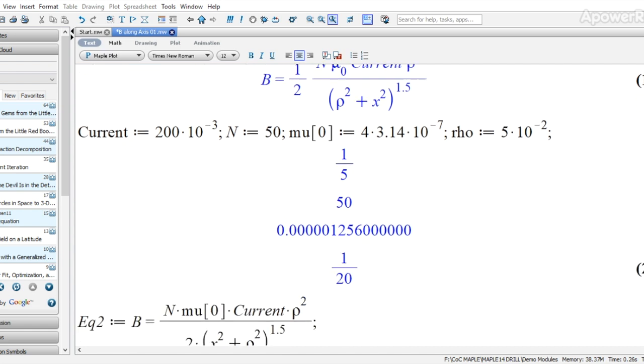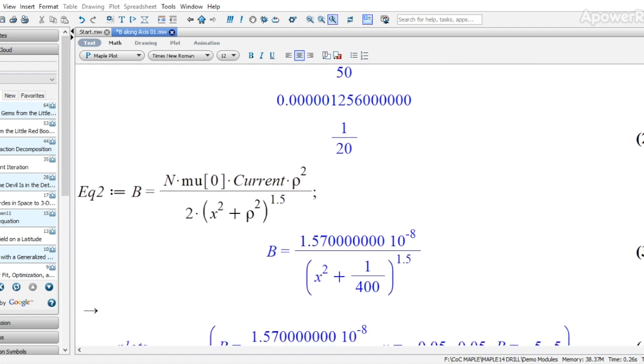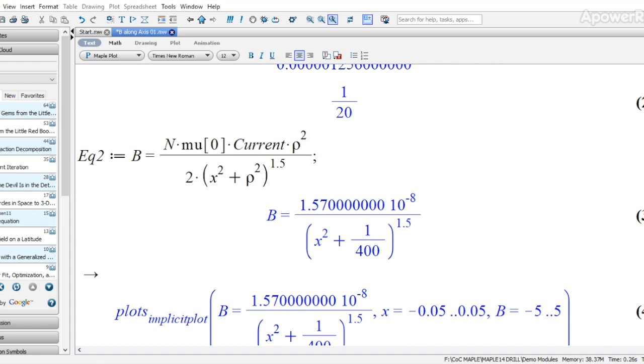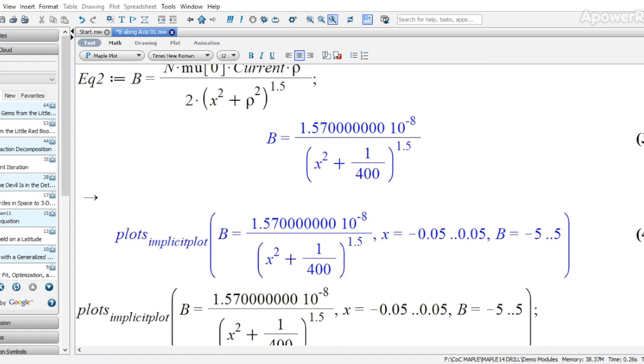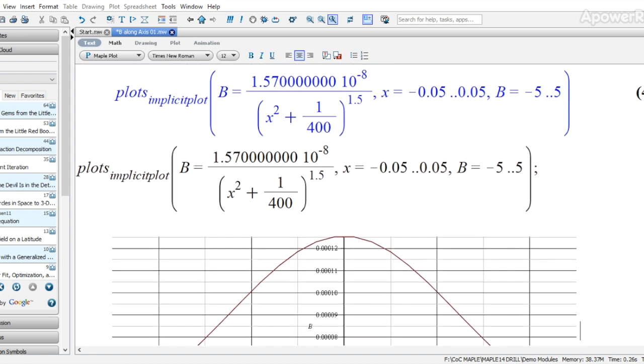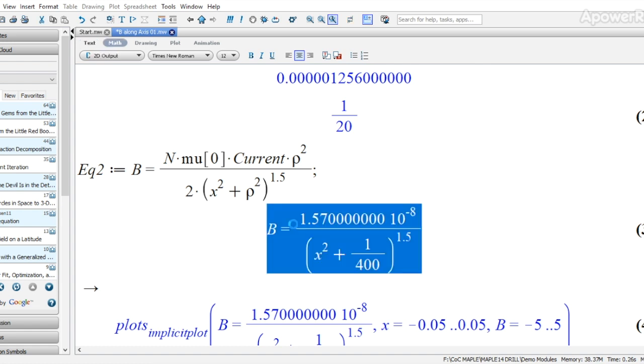Now these parameters are keyed in. Now under this we have the new formula given by equation number 3, b equal to. Now we can generate a plot where x is a variable, and the implicit plot command is generated by right clicking this equation, and let's try this.